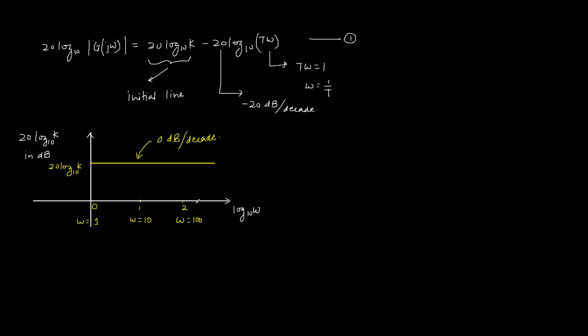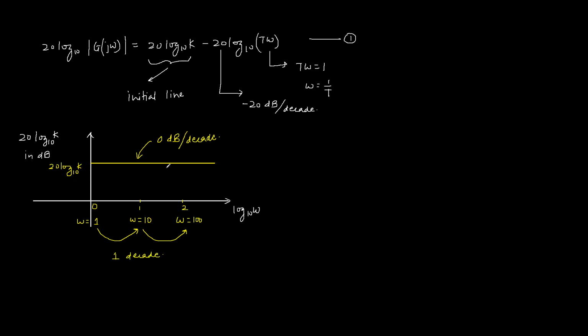So here frequency is in log scale, and if we talk about 1 unit of frequency, say we are going from 0 to 1, then frequency in radian per second increases by 10 times. When we go from 1 to 2 in log scale, then frequency is increased from 10 to 100. So 1 unit in log scale is equivalent to 1 decade or 10 times.